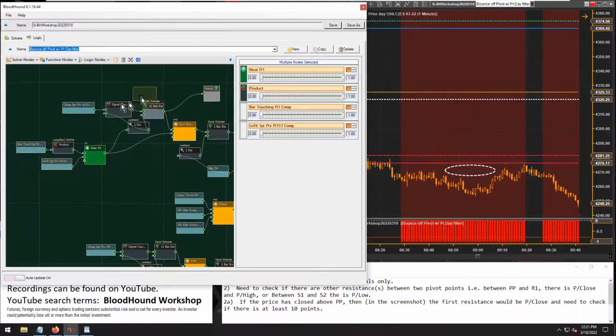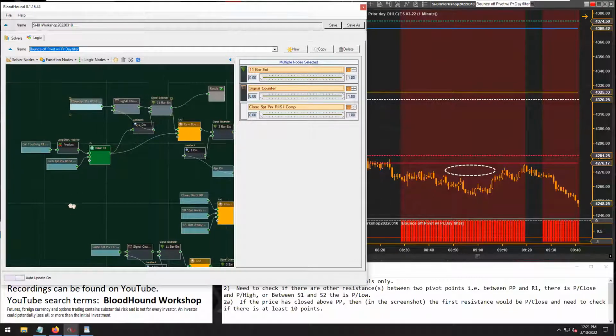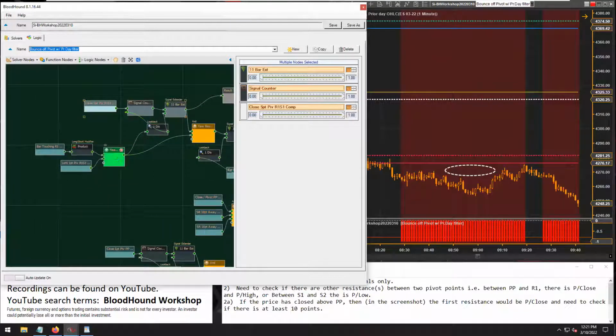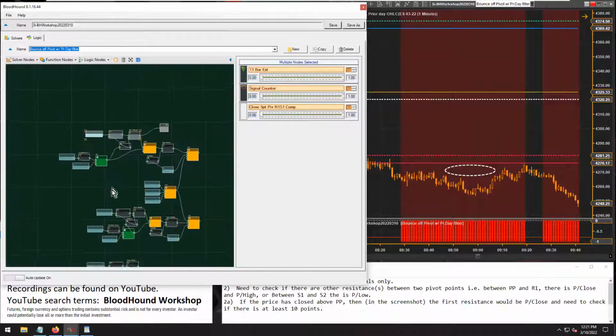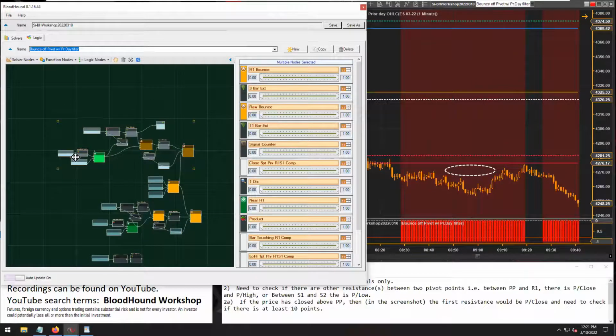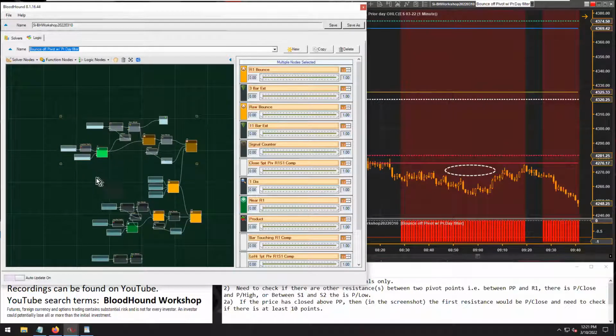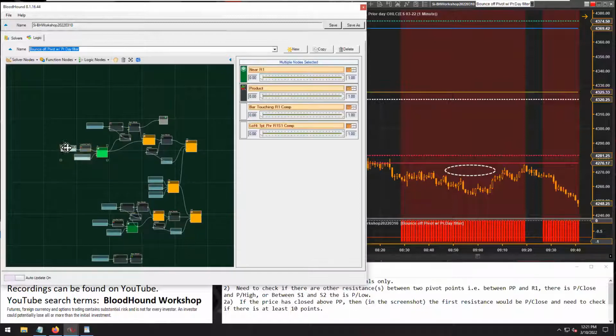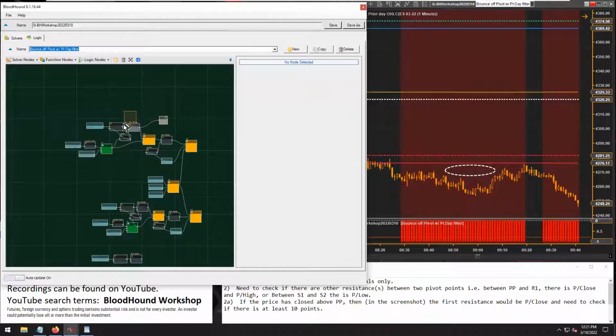So we can't actually use this logic twice because our resets are different. Our touch is for R1, and that touch is resetting the function nodes.